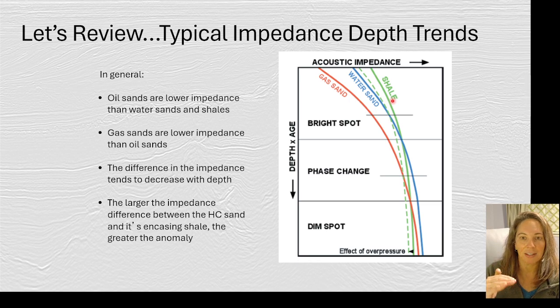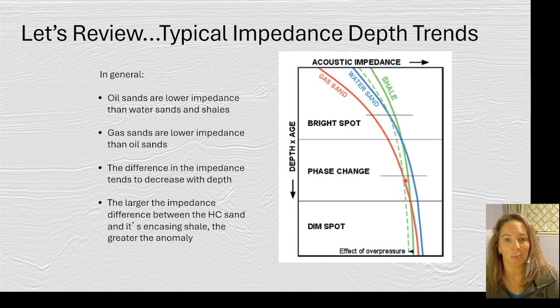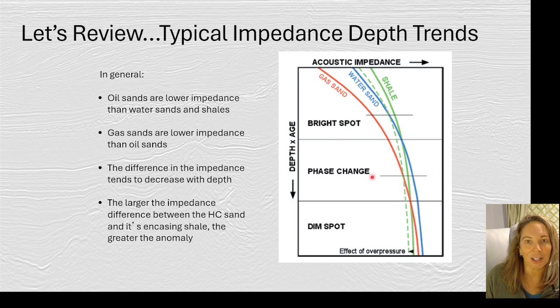So if you have a gas sand sandwiched between shale, you're going to have a large reflection coefficient, a large bright spot. As we get deeper in the earth, the difference between the shale and the gas sand becomes much less. Eventually it gets to a stage where the water sand has a higher acoustic impedance than the shale, which then is higher than the gas sand, so kind of right in this area.